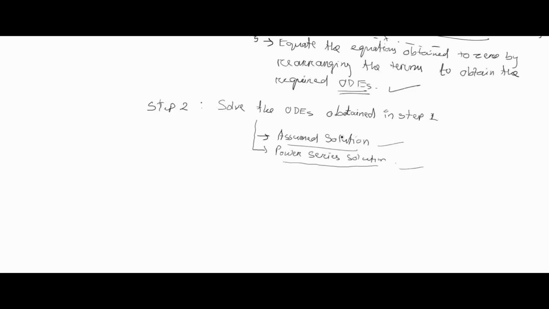For now, just know that we can solve the ODEs obtained in step number 1 by the assumed solution method and power series method to obtain the functions of independent variables. We already discussed in step number 1 that we represented the given function as a product of two or more functions of independent variables. We will obtain these functions here.